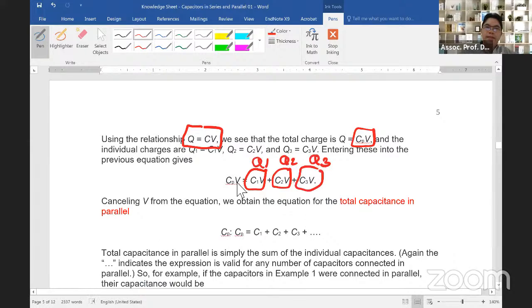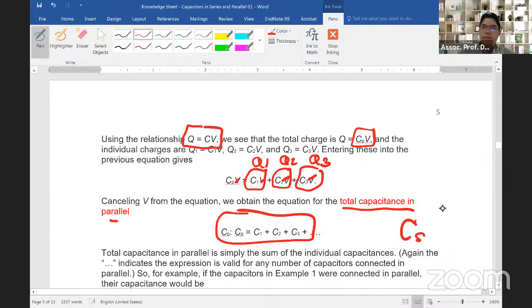When you cancel V from this formula, you get this, that is the total capacitance in parallel. So the capacitance will increase for parallel, but for series it will decrease because you split.